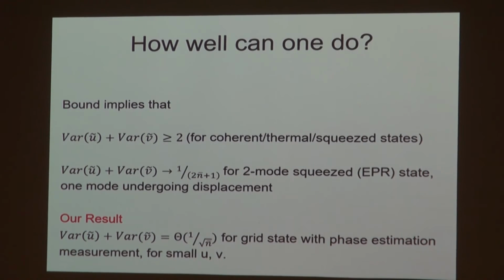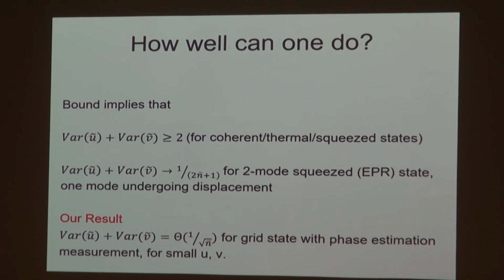And the point is that with the grid state, if you let the number of photons increase, you get a very fine distinction. You resolve the phases, and that's why you resolve the displacement with increasing accuracy, no matter how small they are. Whereas for a coherent state, you cannot resolve this because of the shot noise.